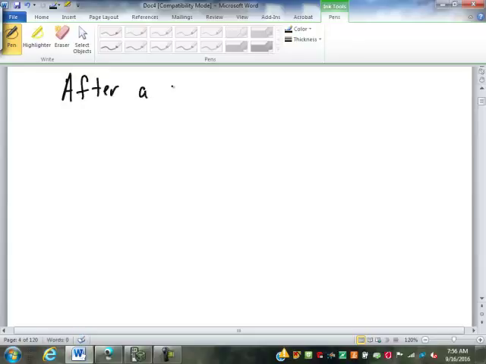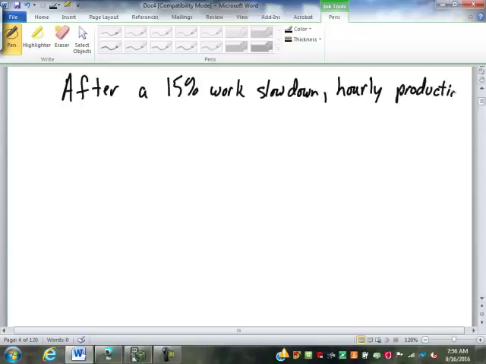After a 15% work slowdown, hourly production is 1,020 parts.